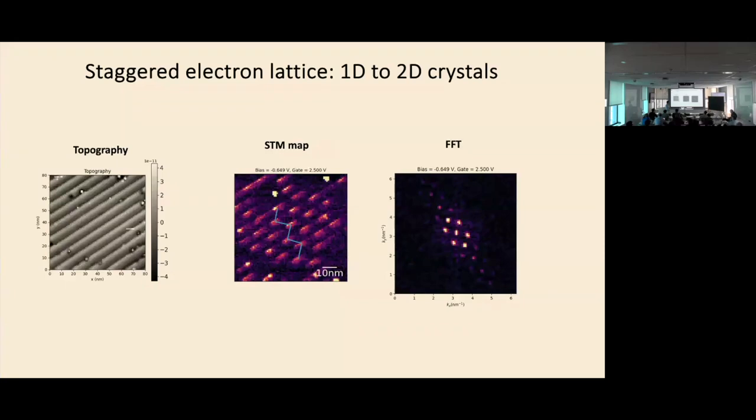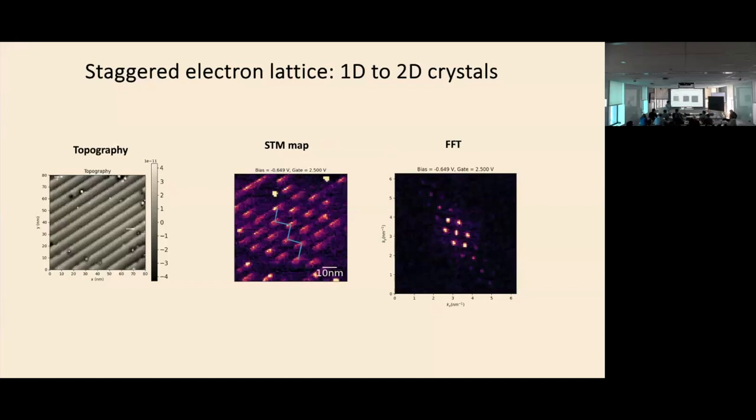When you do a 2D Fourier transform, you can see a very nice diffraction pattern. This says that in the low density limit, the coupling between the chains is strong enough. Again, to minimize the Coulomb energy, the electrons want to be far apart from each other. That's why they form these zigzag chains, and they stabilize a two-dimensional electron crystal.